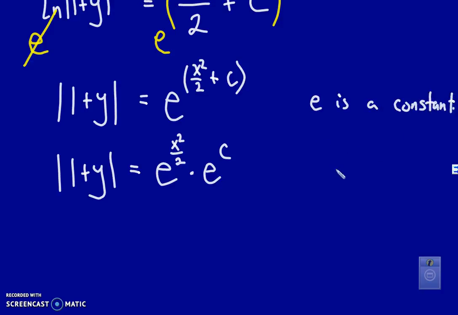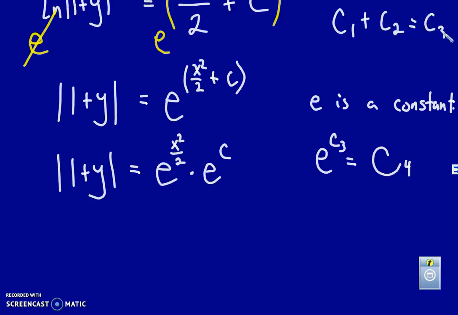And we're raising e to a constant. Well, a constant raised to a constant is just another constant. So again, if you were keeping track of your c values, this would technically be c3. Or actually, if you call this one c3, this one would be c4. Remember that c1 plus c2 equals c3 in the previous steps.